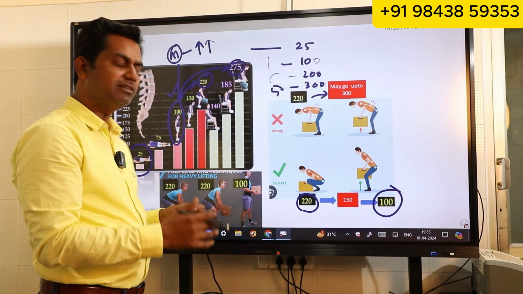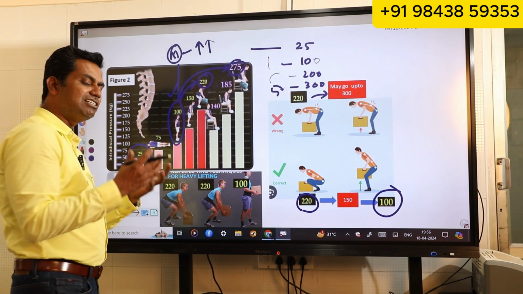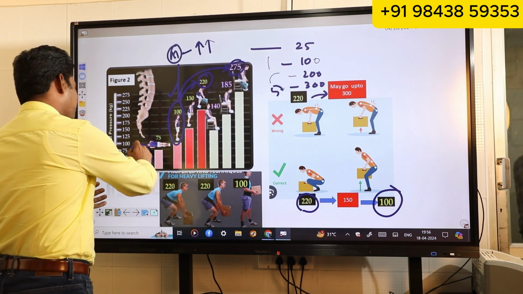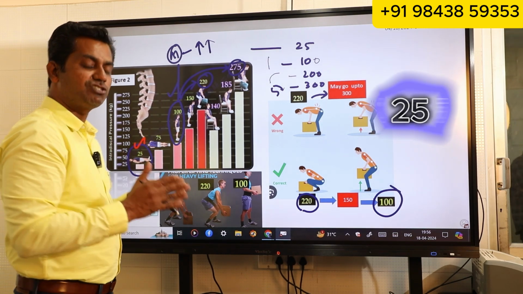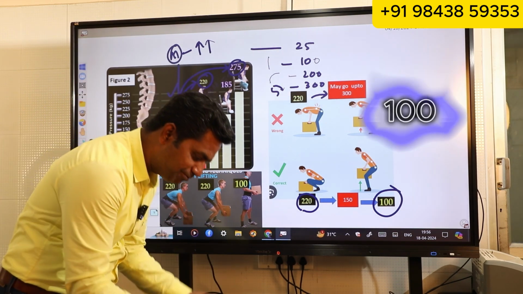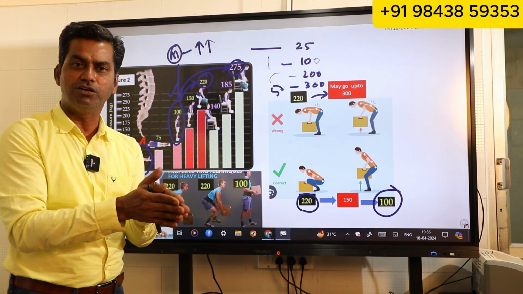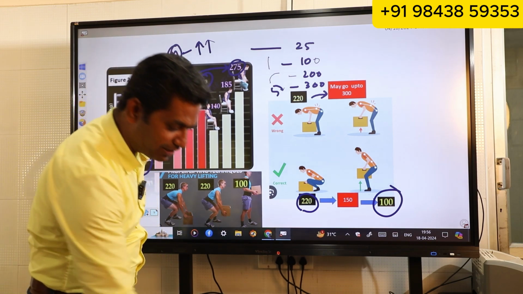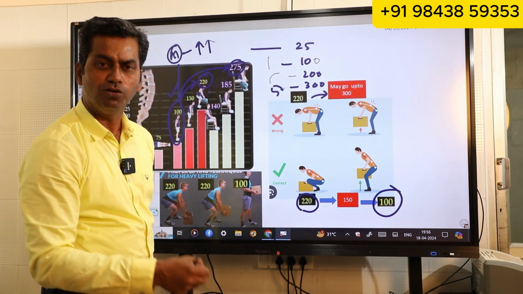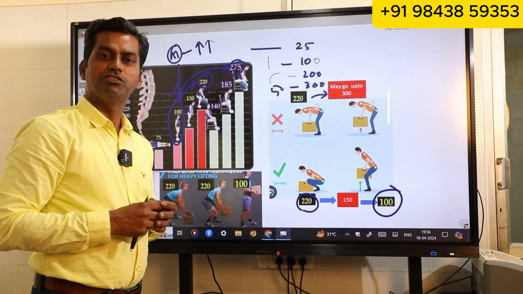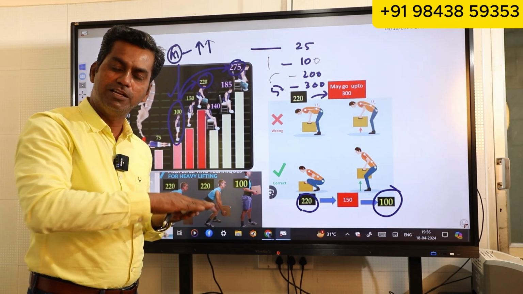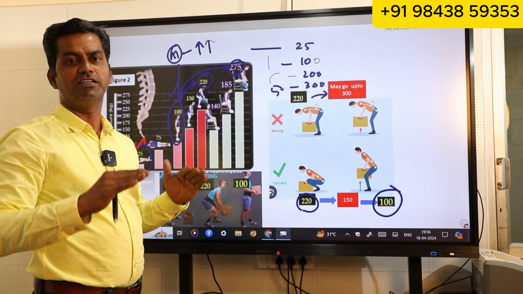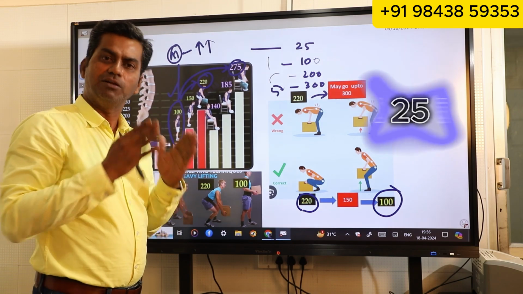While you are sleeping, the normal pressure inside the disc is 25 kg, while standing it is 100. Bending from the standing position, it doubles to 200. While sitting in a chair and bending to take some weight from the floor, it almost triples. Normally, when you're lying in the supine, flat position, it is 25, which is 100 while standing.